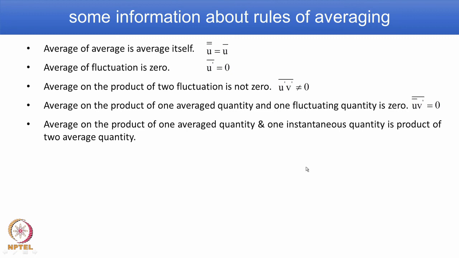Average on the product of one averaged quantity and one instantaneous quantity is a product of two average quantities. So, u is an instantaneous quantity, v bar is an average quantity, you multiply both of them, then you take an average, and that will result in u bar and v bar.